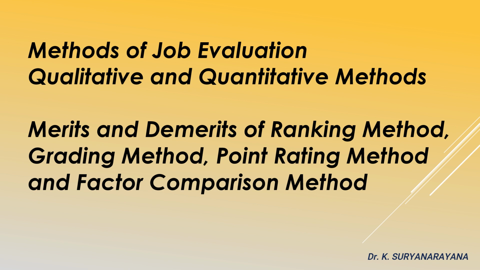These include two methods: ranking method or job comparison method, and grading method or job classification method. Coming to the ranking method, it involves comparison of each job as a whole with other jobs, arranging them in the order of importance from highest to lowest. Ranking criteria involves judging the duties, responsibilities, and demands on the job holder.